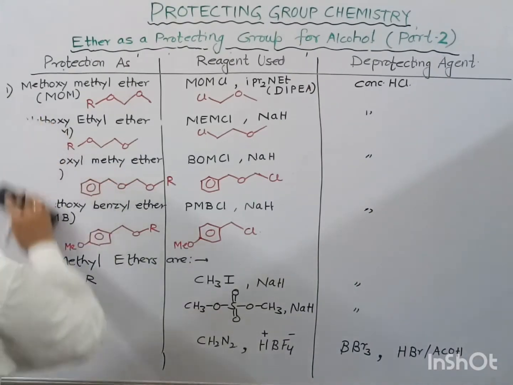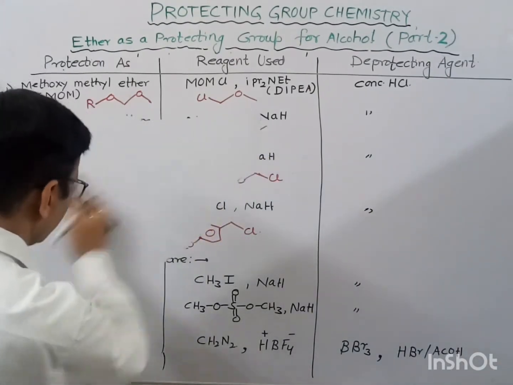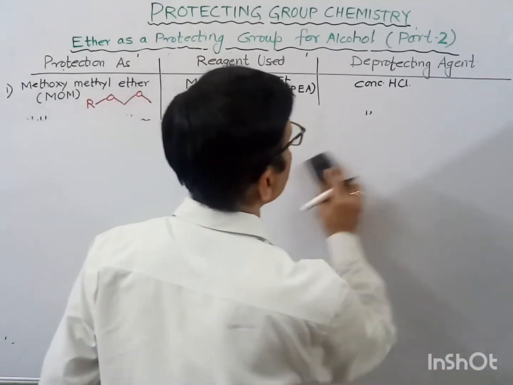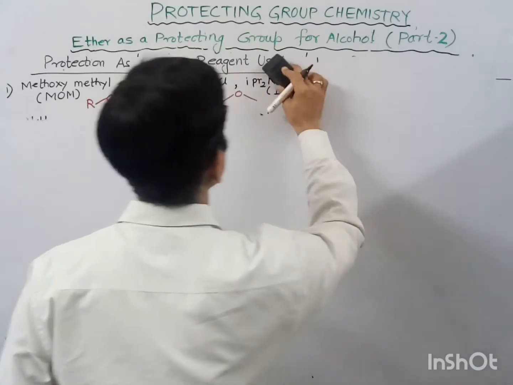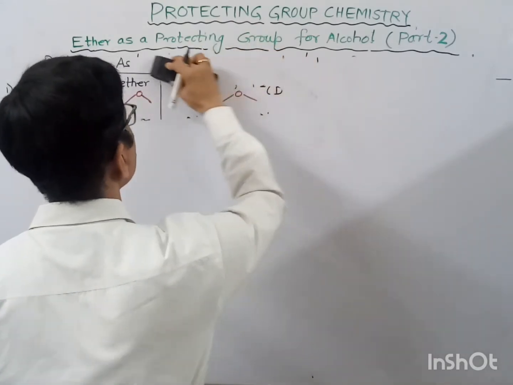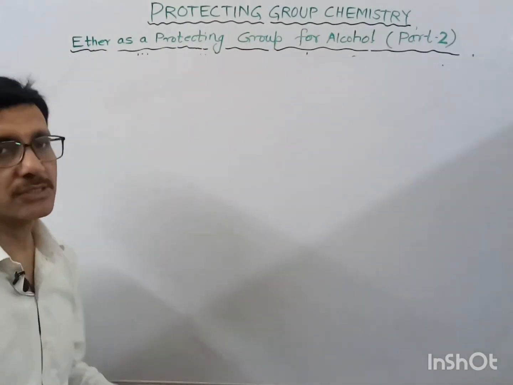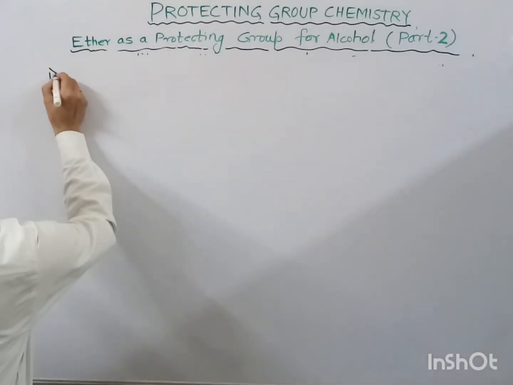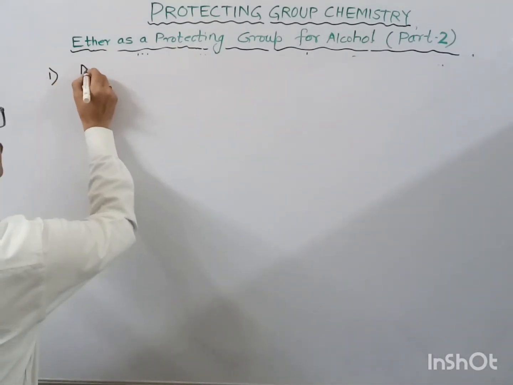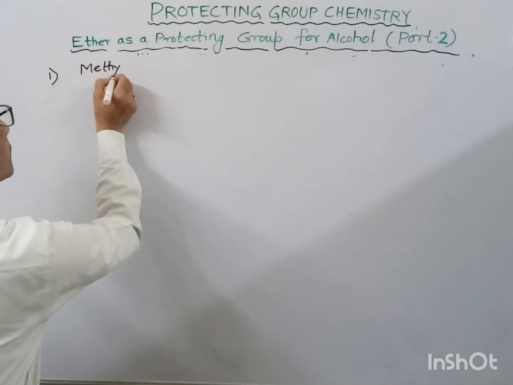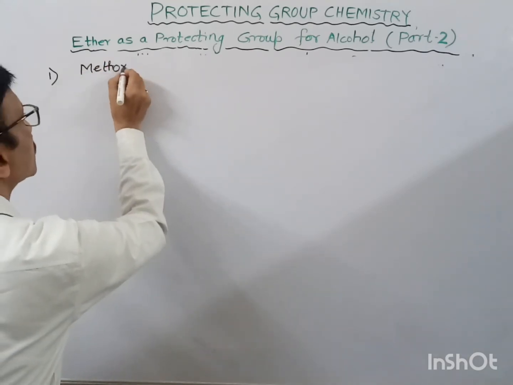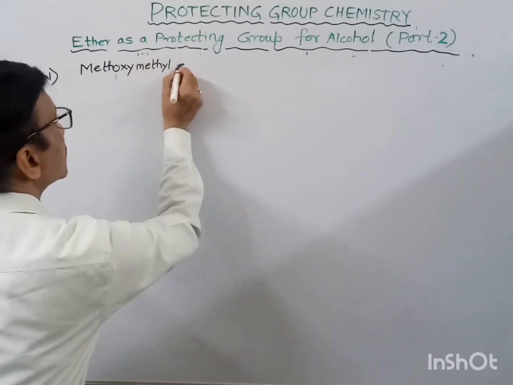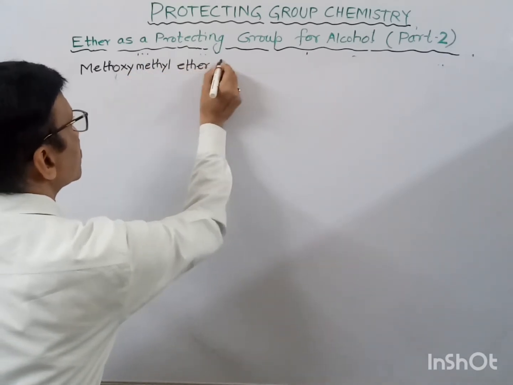Now let's discuss all types of these ethers one by one. First one is methoxy methyl ether, that is MOM.